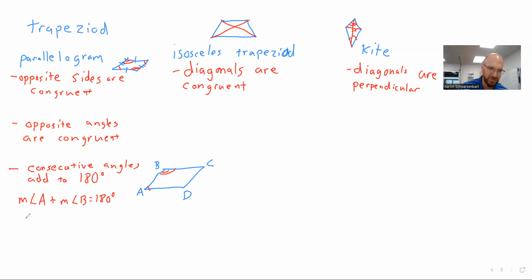That's those two angles. All consecutive angles this applies to, plus measure of angle C equals 180. Measure of angle C plus measure of angle D equals 180. And measure of angle D plus measure of angle A equals 180.